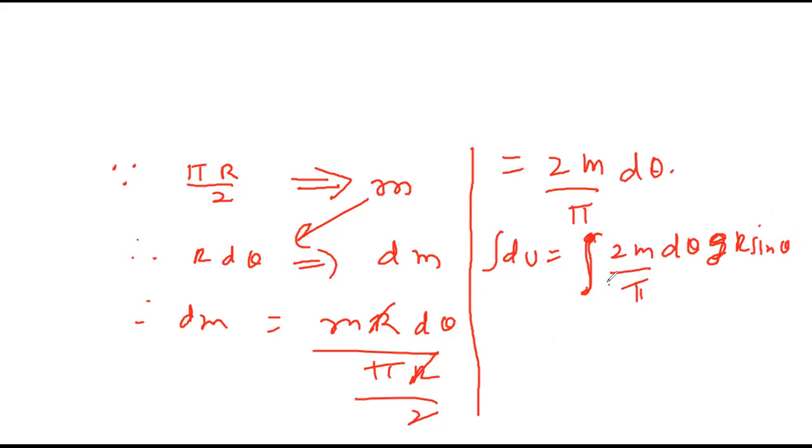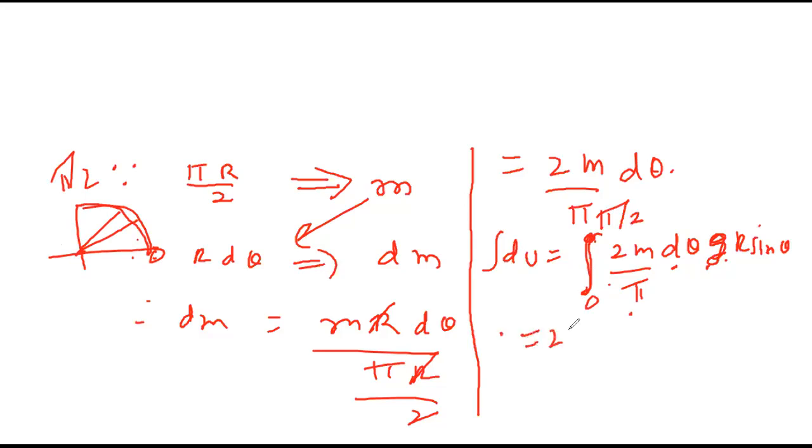So the integration of dm, which is 2m by pi d theta, into g r sin theta will give me the total potential energy. Can you tell me what angle is changing from? In this arc, from where to where? 0 to pi by 2, or not? Yes, sir. So 0 to pi by 2 is my limit of integration.